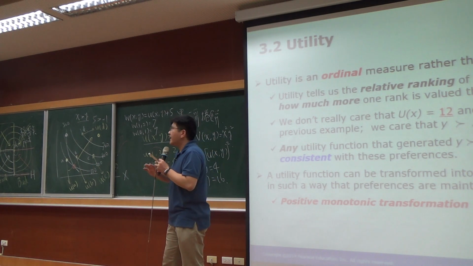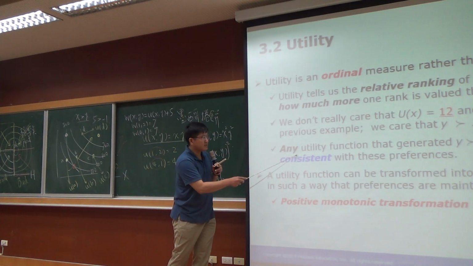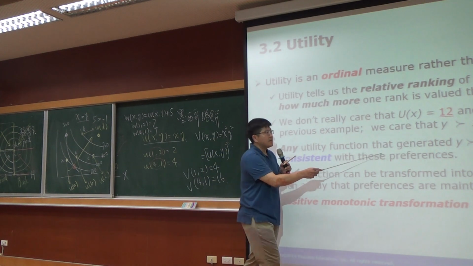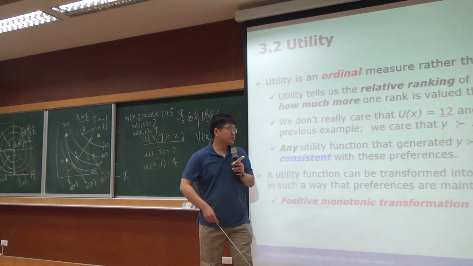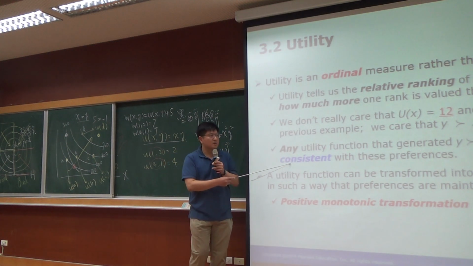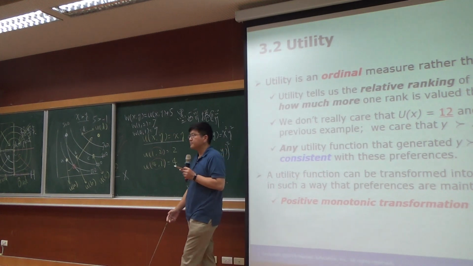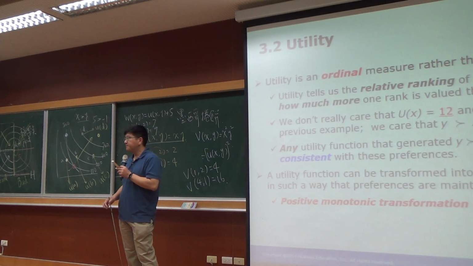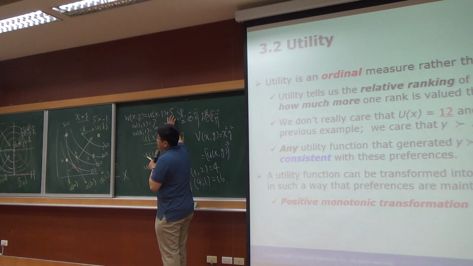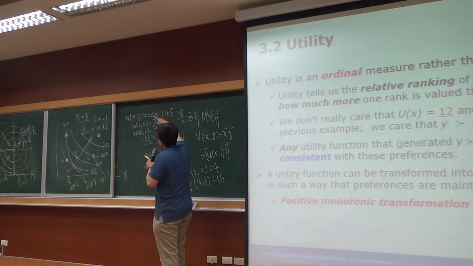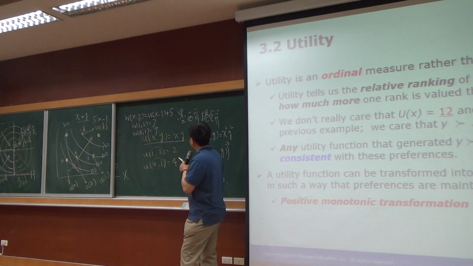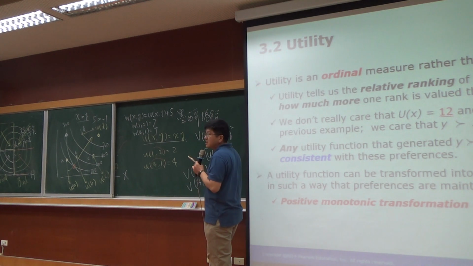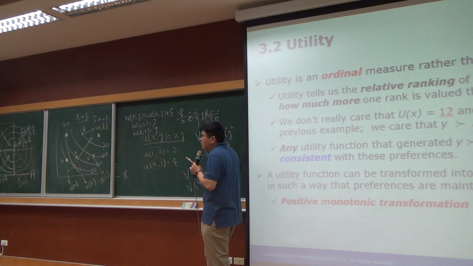Okay? So any utility function that generates this result would be consistent with the preferences. Either plus 5 or minus 4 or take a square root or something like that. Anything you can do. Take a square or a cubic, to the power of 3, to the power of 100.